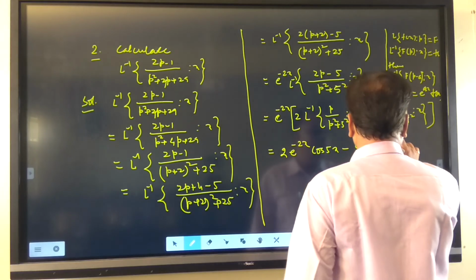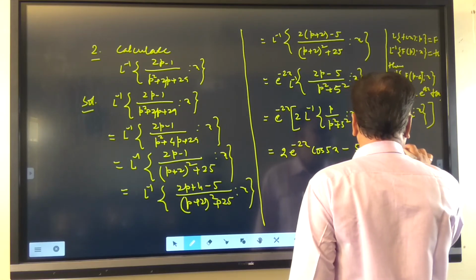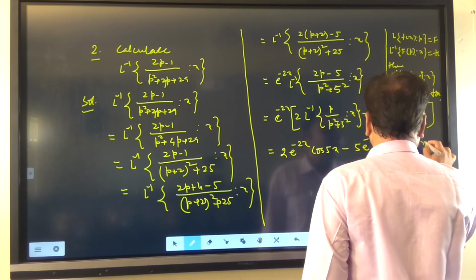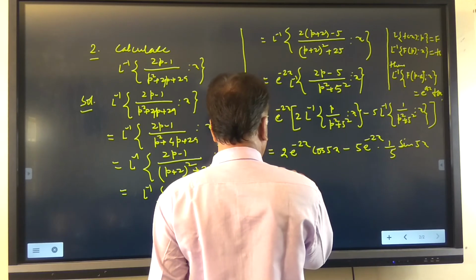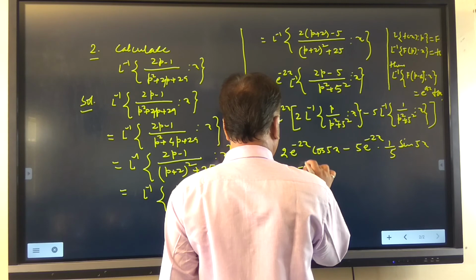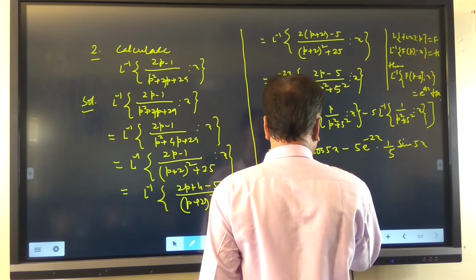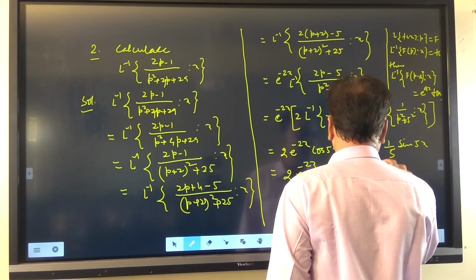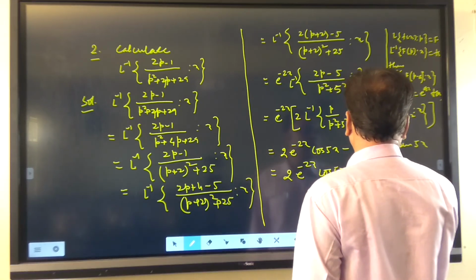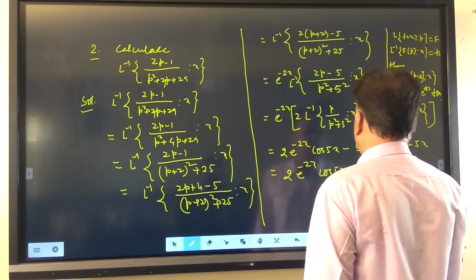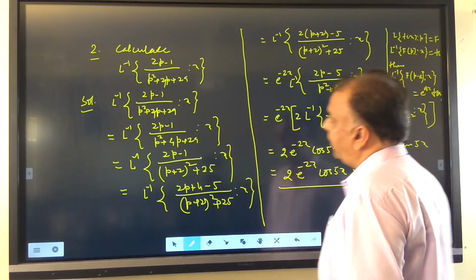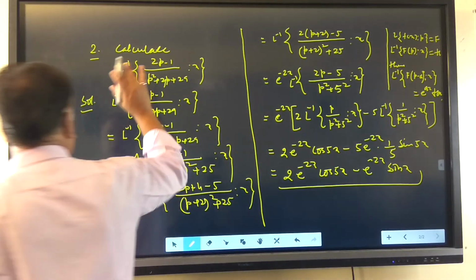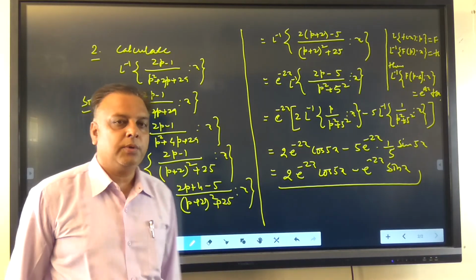So on solving this, we get twice e raised to minus 2x cos 5x minus e raised to minus 2x sine 5x, which is the required result of the inverse Laplace transformation of this problem.